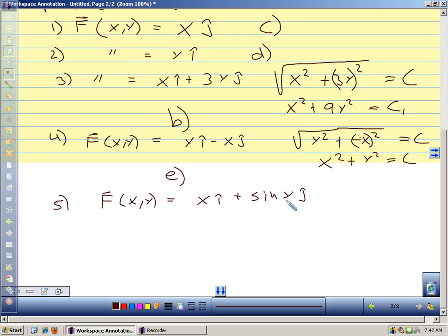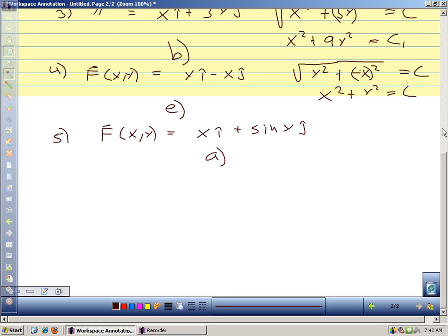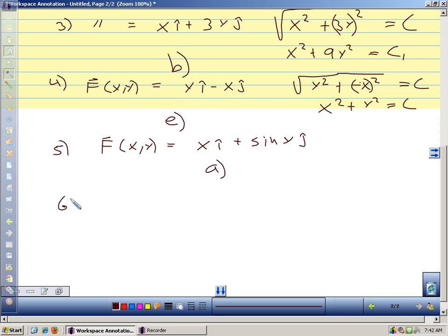The y component at y equals 0 has to be 0. And the y component at y equals pi is 0. So we try to match up some of those points. And this would match up with A. We have a little more justification than it's really complicated. And then that leaves us, for 6, with F.